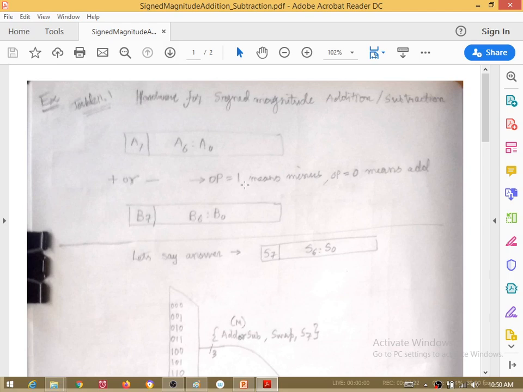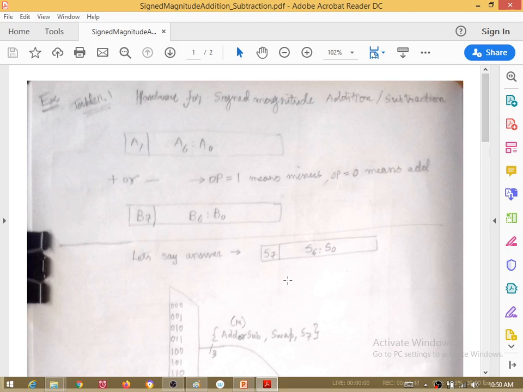So OP is only telling me about the operation that we desire between the two operands. Who will tell that? Possibly the instruction is going to tell us through the opcode. As far as we are concerned, the 1-bit opcode is going to tell us if we are supposed to subtract or add the two operands, and OP equal to 1 means I am supposed to subtract the two operands.